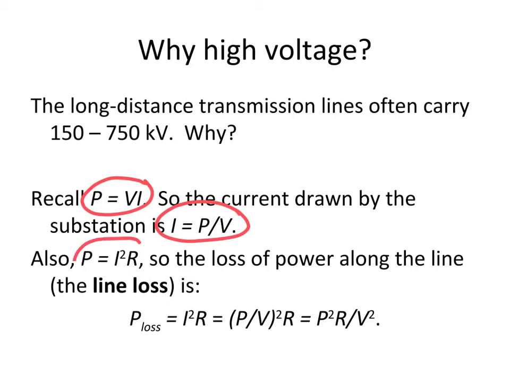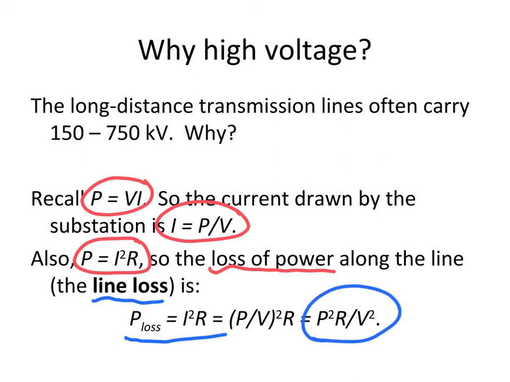But power is also equal to the current squared times the resistance. So the loss of power along the power line, which we call the line loss, is power lost equals I squared R. And when we substitute P divided by V for current, we get power squared times resistance over voltage squared.